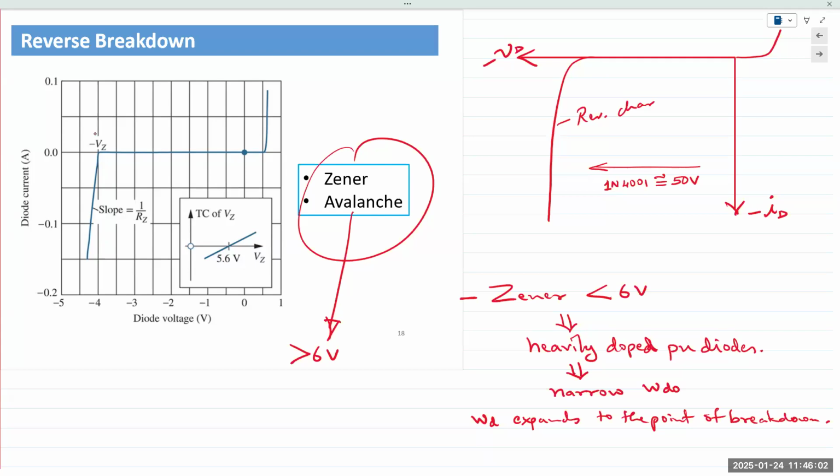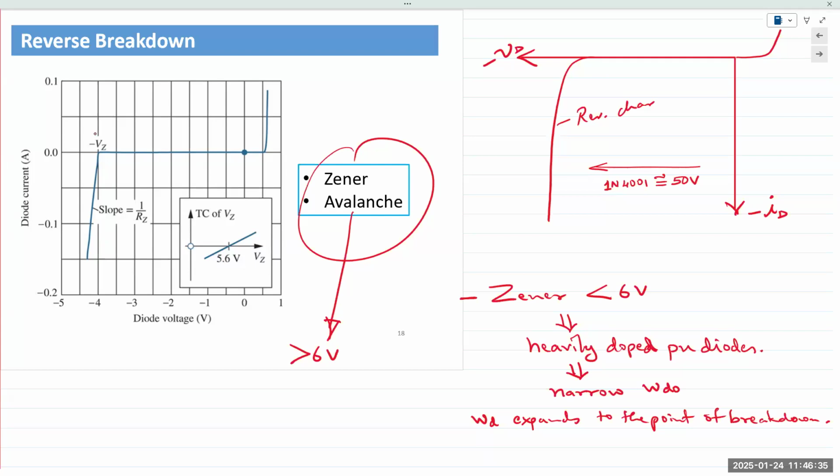At some point, all of those are going to cross over the junction in reverse bias. Because the effect is created due to the impact of these electrons, it's known as impact. Also, atoms are being ionized. The atoms are fixed in place, but the charge carriers are being created. Once an electron leaves, it leaves behind a positively charged ionized atom.